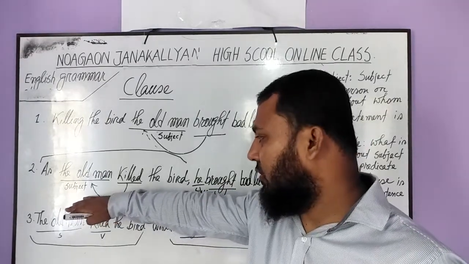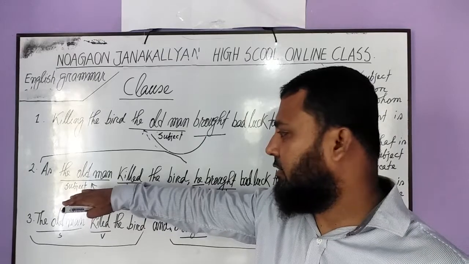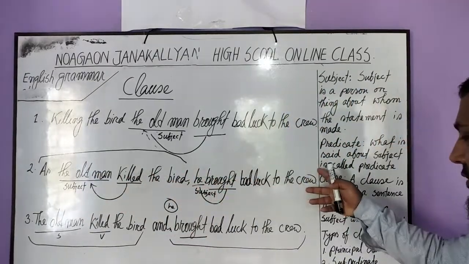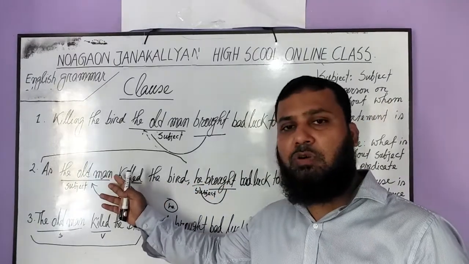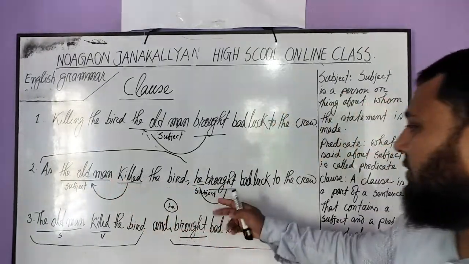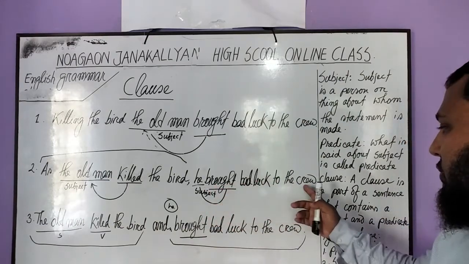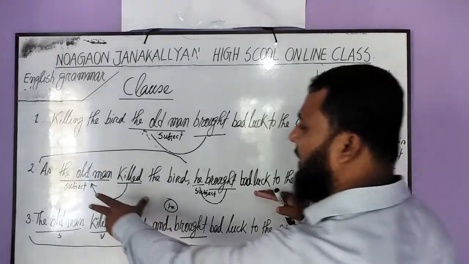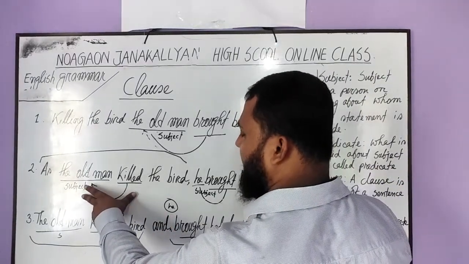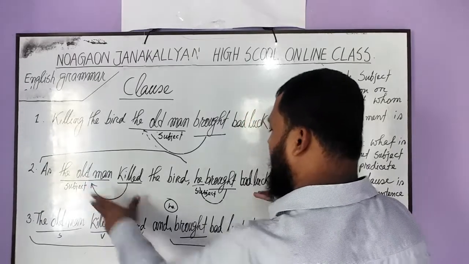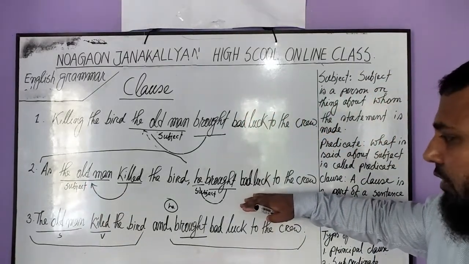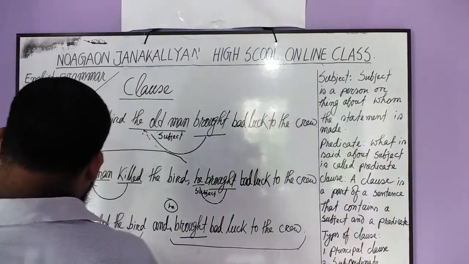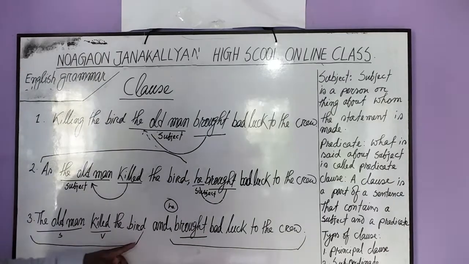No, it cannot express its total meaning without the help of the principal clause, so it is a subordinate clause. And he brought bad luck to the crew. This clause can complete its meaning without the help of the first clause, that means the subordinate clause, so it is called a principal clause.